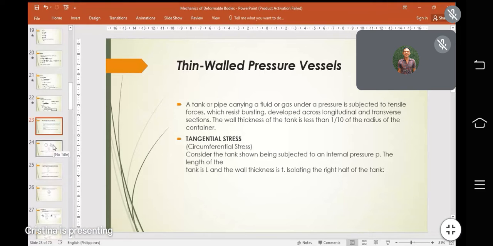When you say stress, it is the inner pressure or the effect of the outside pressure. Tangential stress is also called circumferential stress. So let's consider the tank shown in the next slide.